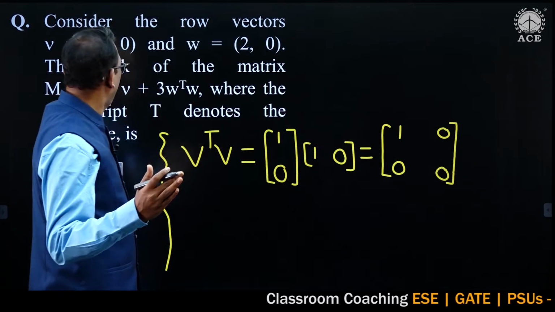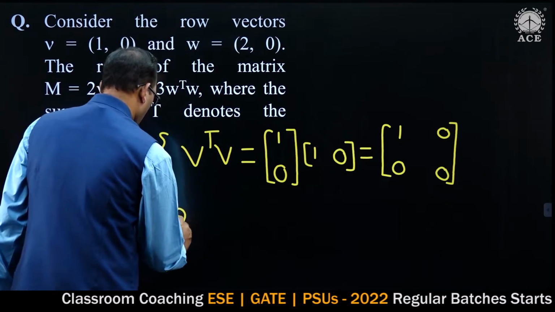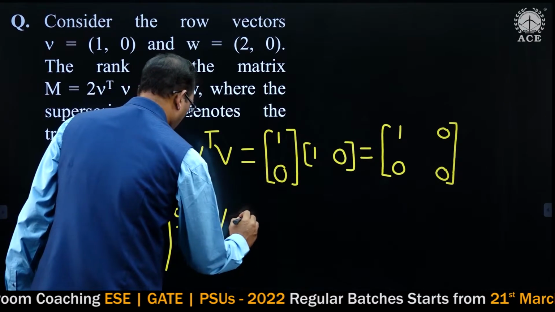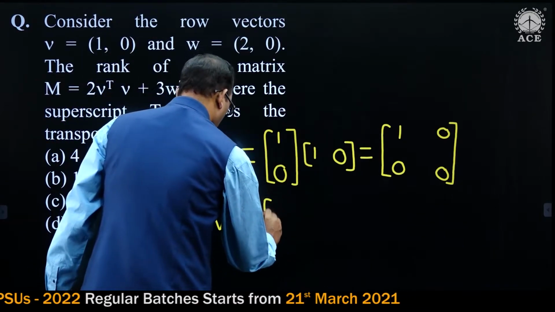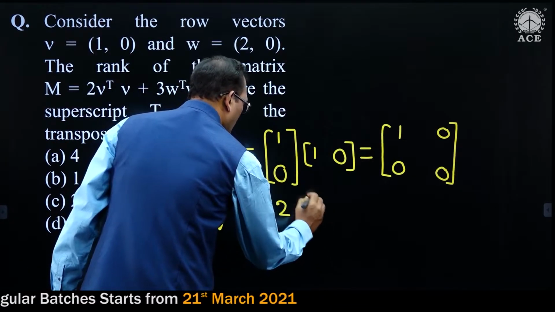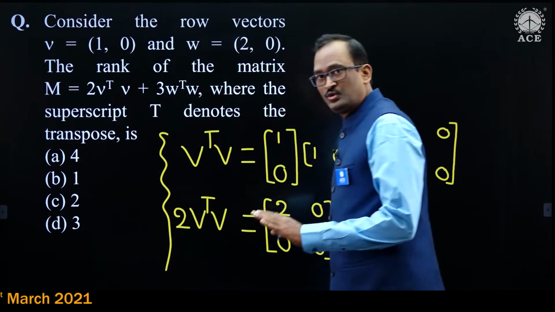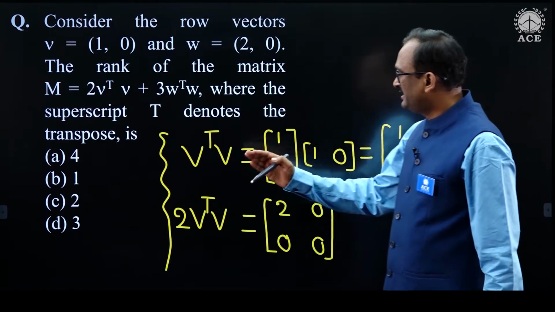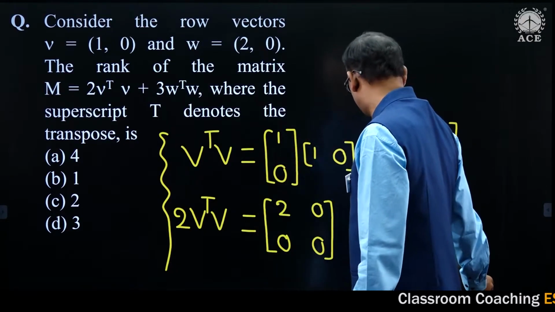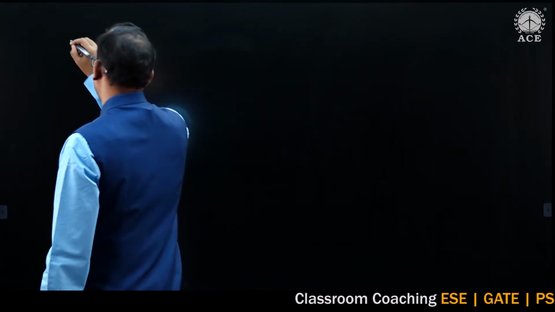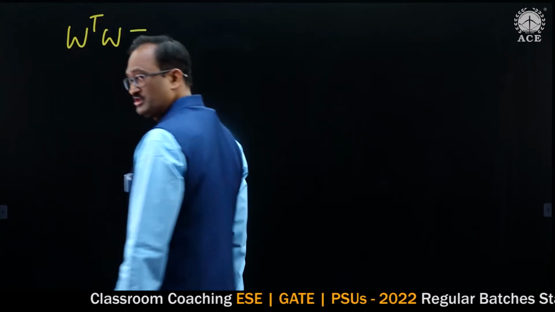But actually we need 2 times V transpose into V. So multiply that matrix by 2: 2 into 1, 2; 2 into 0, 2 into 0, 2 into 0. This is the value of 2 V transpose V. Similarly, let us find 3 W transpose W. What is W?